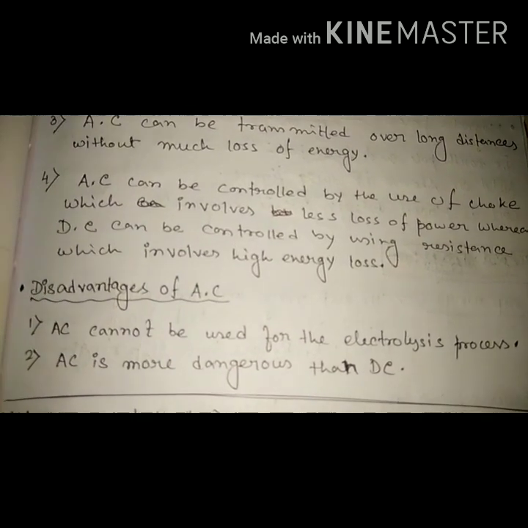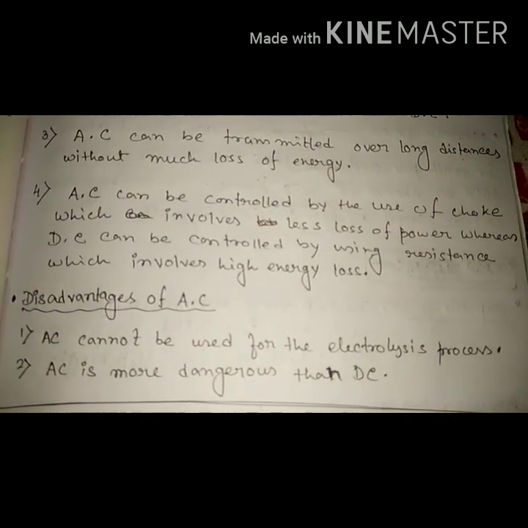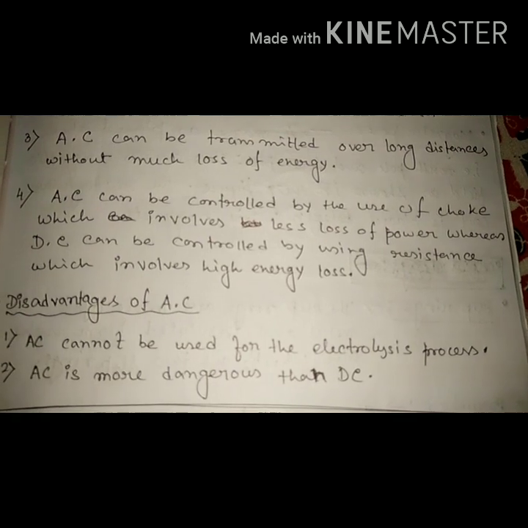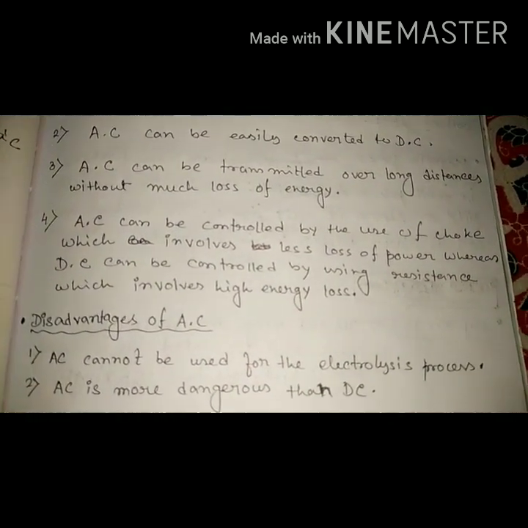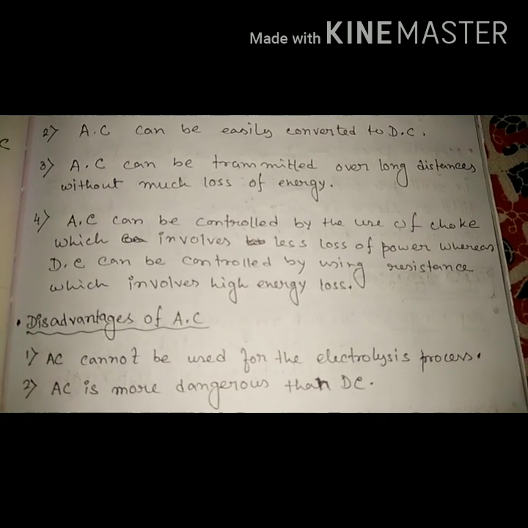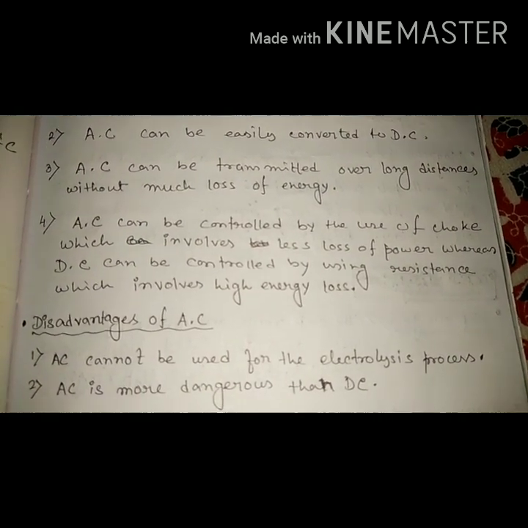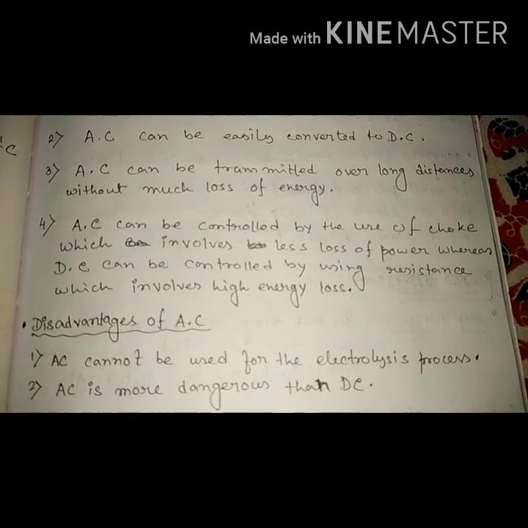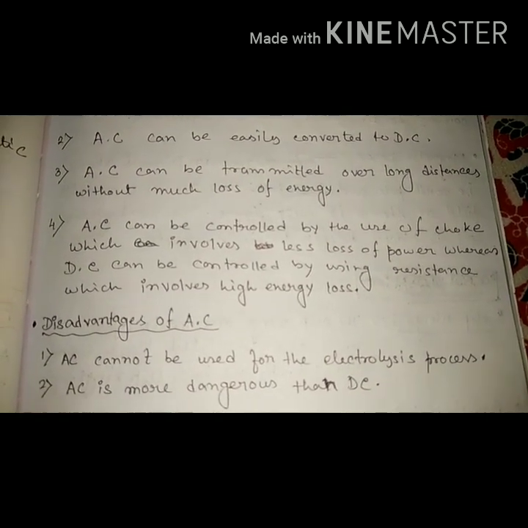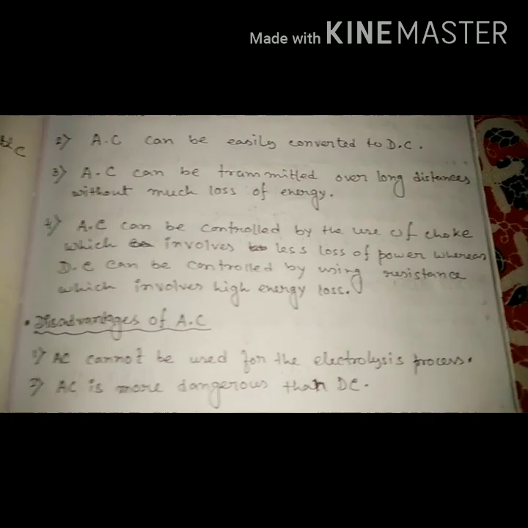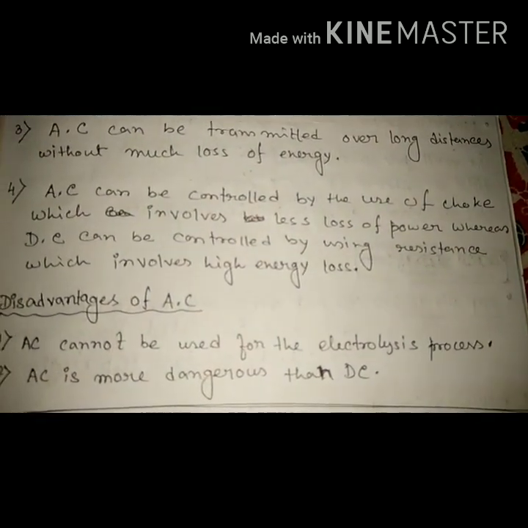It's very, very dangerous, and AC cannot be used for electrolysis, because for electrolysis we use electrochemical cells. So for electrolysis we cannot use AC, and for the electrolysis process we use only one-direction current. That's why AC is not used for electrolysis.